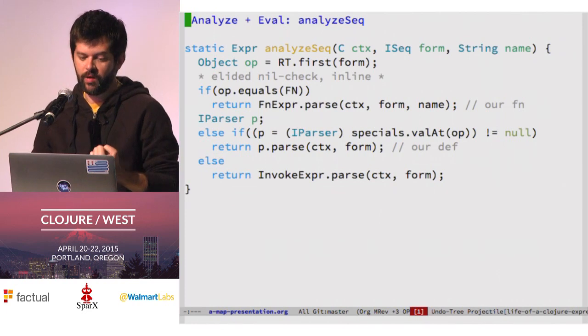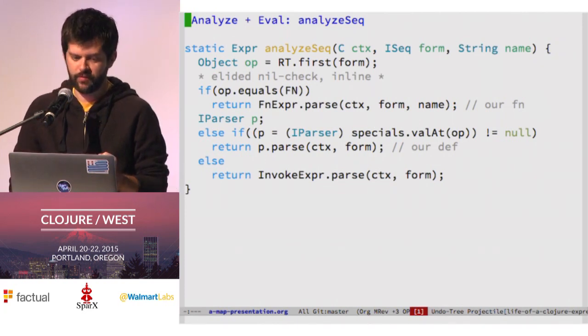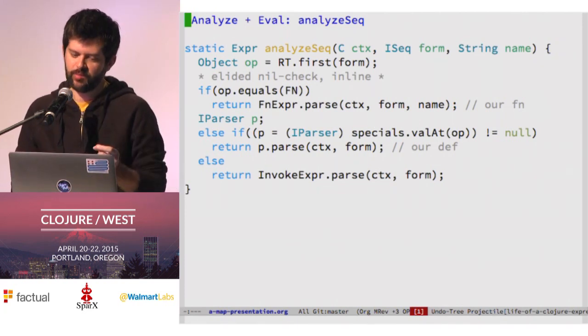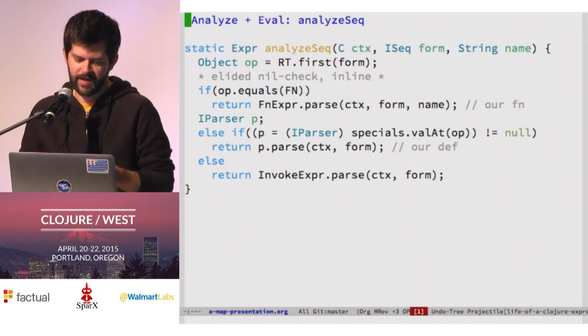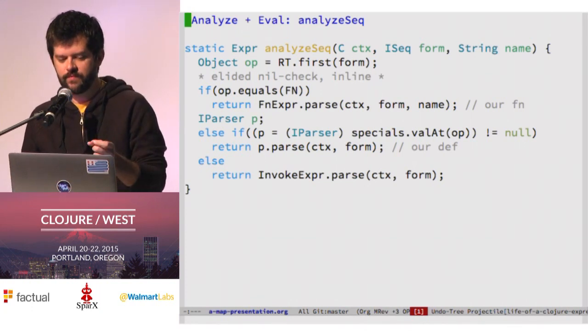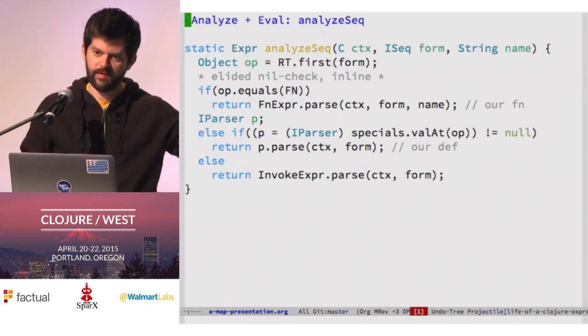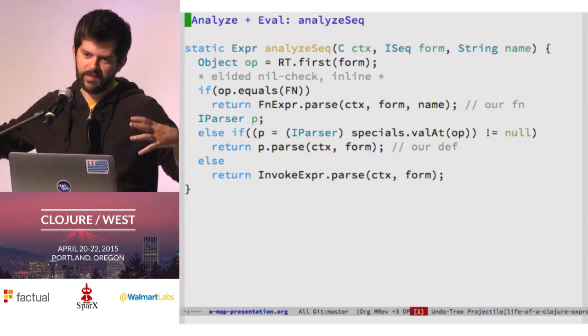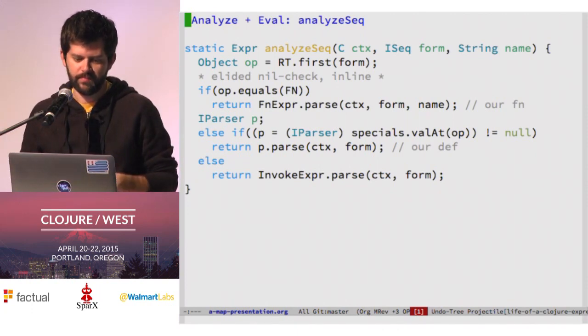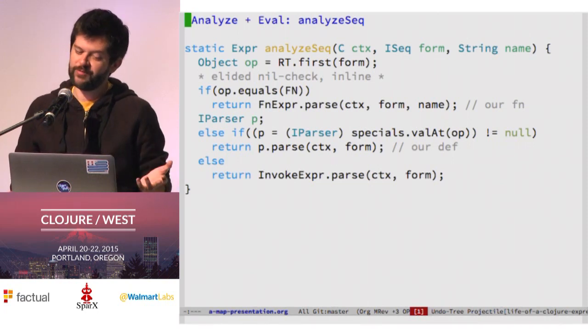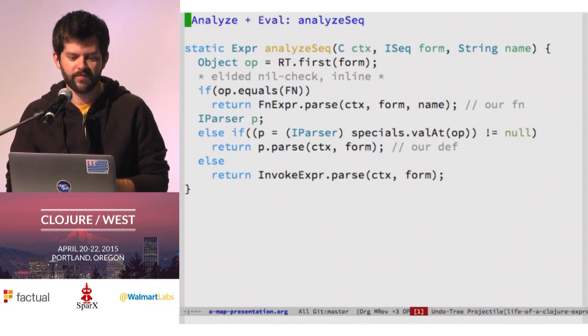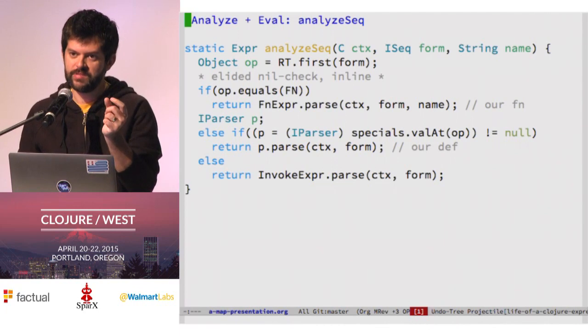And then it says, okay, are you the fn special form? If so, there's a special parse method just for FnExpr, because functions have names that get shoved down into them from the context where they're created. If you've ever seen a Clojure stack trace, which you probably have, you've seen your method names in there.